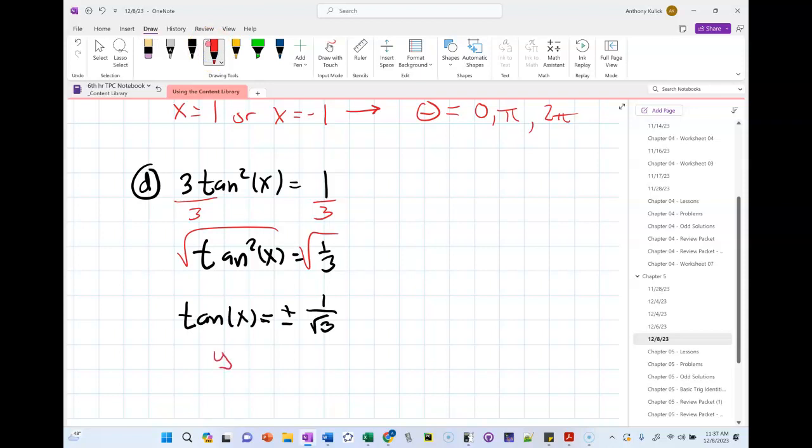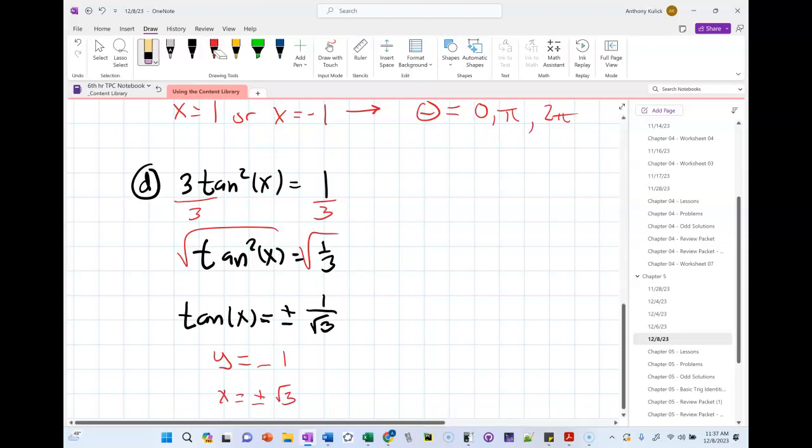Y over x, right? So you might think this, right? But I don't see any points on the unit circle that have an x-coordinate square root 3 and then a y-coordinate of 1. Yeah, but if you look at your unit circle, you do see places where the y-coordinate is 1/2, and place where the x-coordinate is square root 3/2.